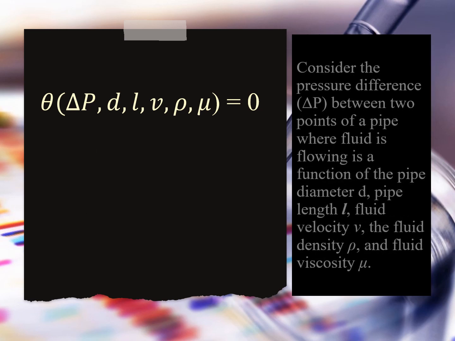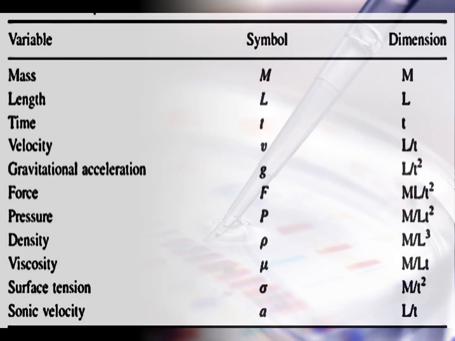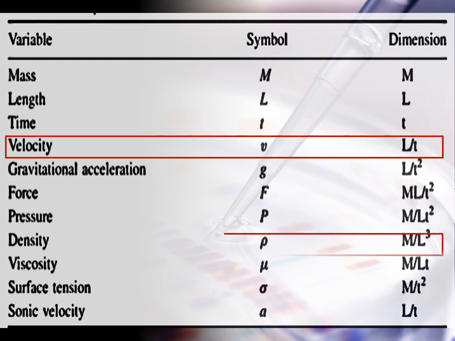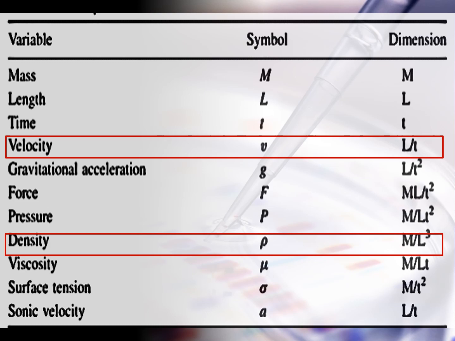We take note that the dimensions for the three variables, D, V, and rho, must be expressed in terms of mass, length, and time. So we go back to the table and see that V equals L over T, and density equals M over L cubed. We will then substitute these dimensions in the equation.